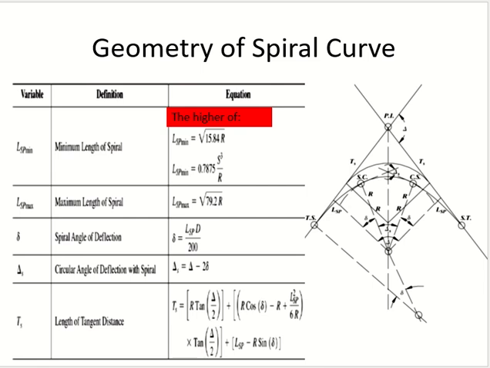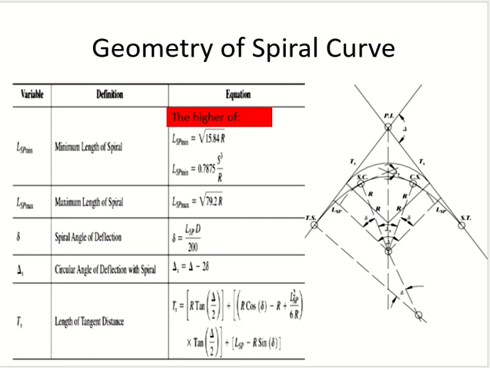For the spiral curve, these are the calculations we can do. First of all, look at the geometry of the curve. We have a spiral curve, a circular curve, a second spiral curve: tangent, spiral, circular, spiral, tangent.